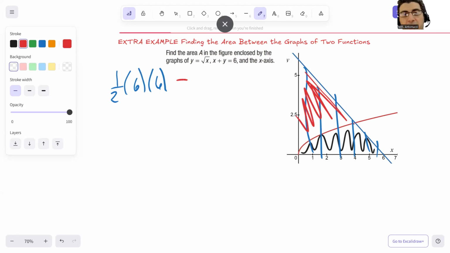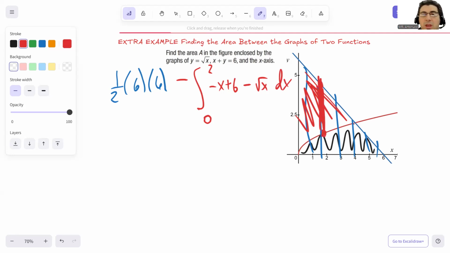So we would have to subtract that off, and to get that area, it would be the integral from 0 to 2. Now, in this case, the top is negative x plus 6 minus square root x, because you would have to go top minus bottom here between those two, and then we would subtract that off. We'd figure that area out with a definite integral and subtract that off.